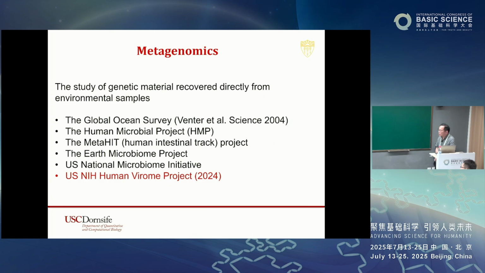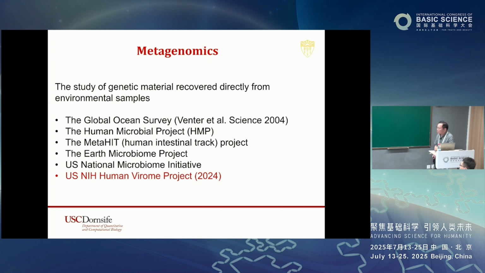Because of those wide applications, there have been many large-scale metagenomic projects like the Global Ocean Survey, the Human Microbiome Project, the MetaHIT project from Europe, and also the Earth Microbiome Project and the National Microbiome Initiative, including all the different environments, such as the ocean, soil, and the human body.